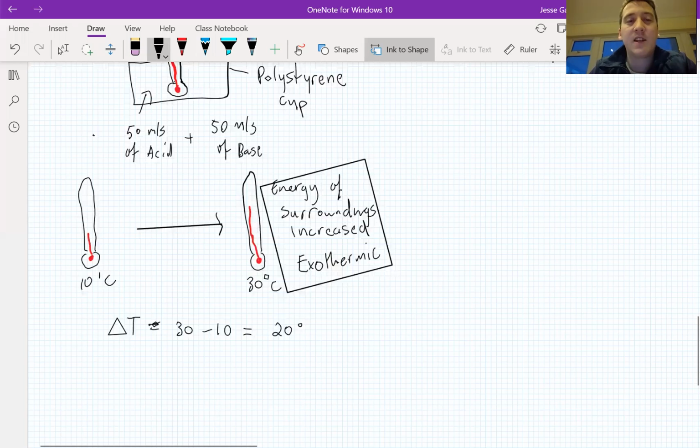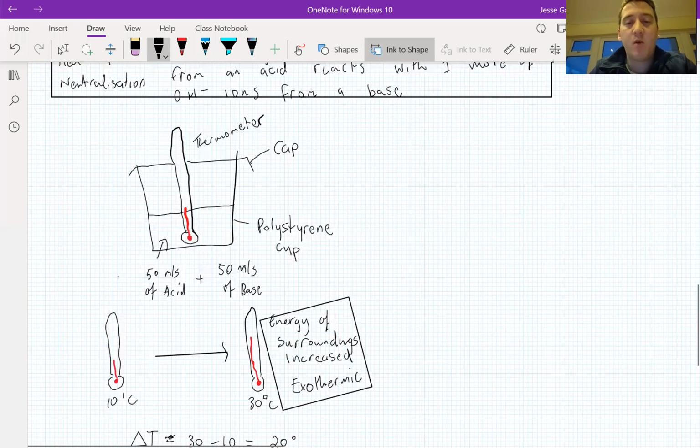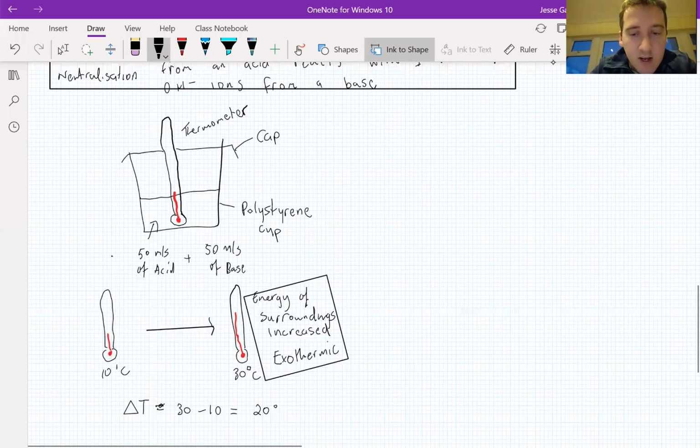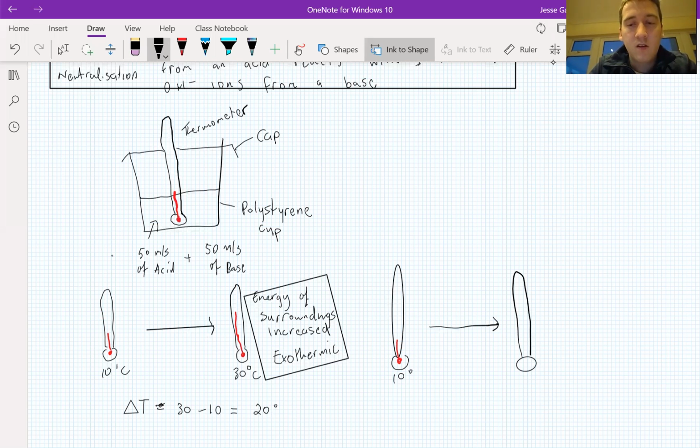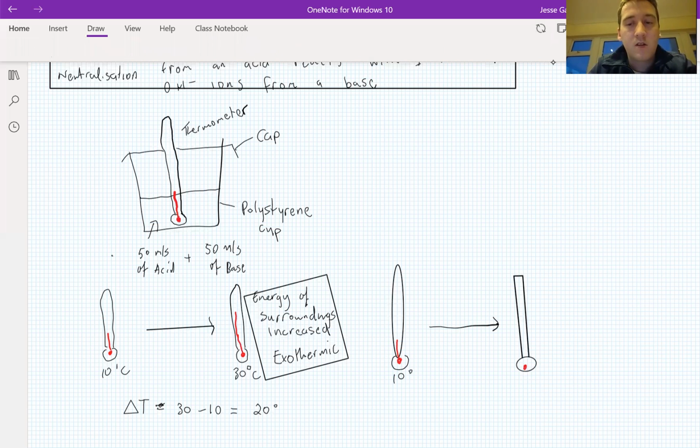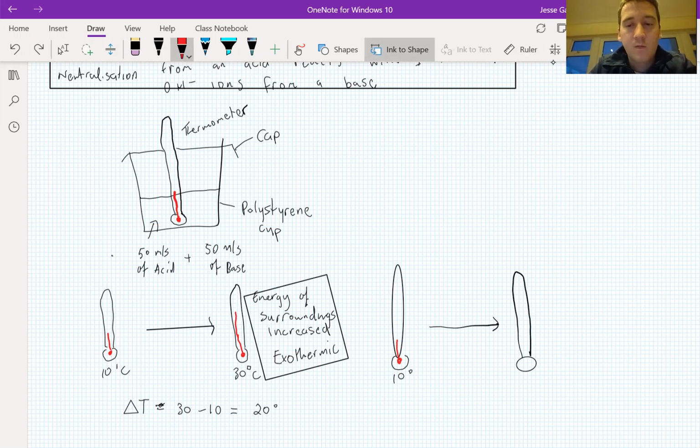What about a second scenario where I put my thermometer in at the start and just like before, the temperature is 10 degrees. But as the reaction proceeds, the temperature goes down.